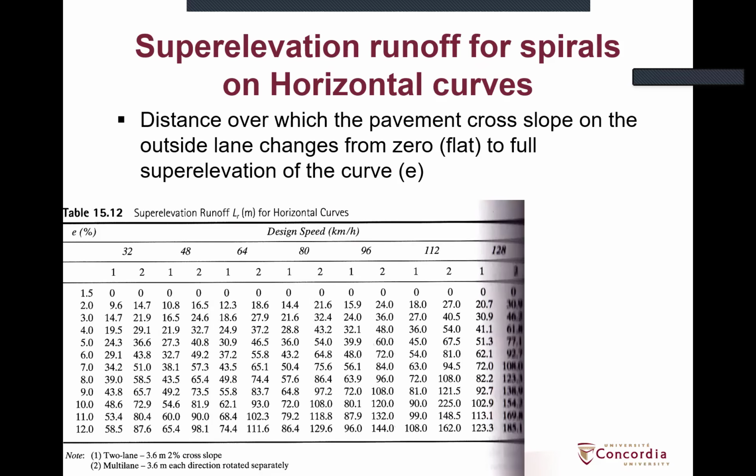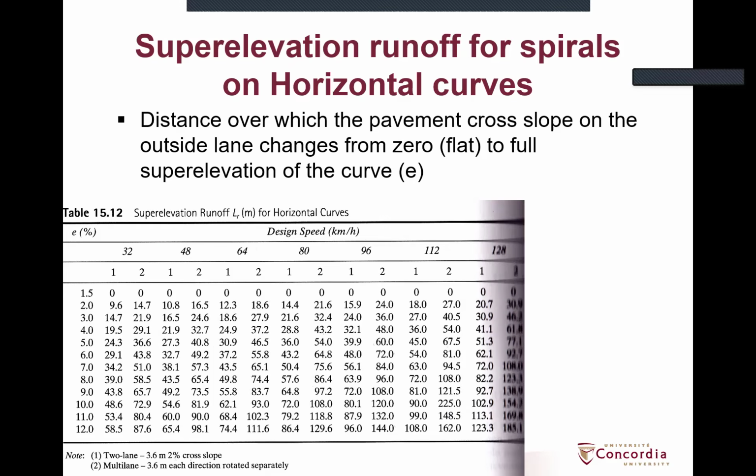So here you can see the super elevation runoff for spirals on a horizontal curve, and you see the design speed on the top. You can see the degree of super elevation, which is the first column, 1.5, 2, 3, 4, 5, 6, all the way up until 12, and design speeds in kilometers per hour.